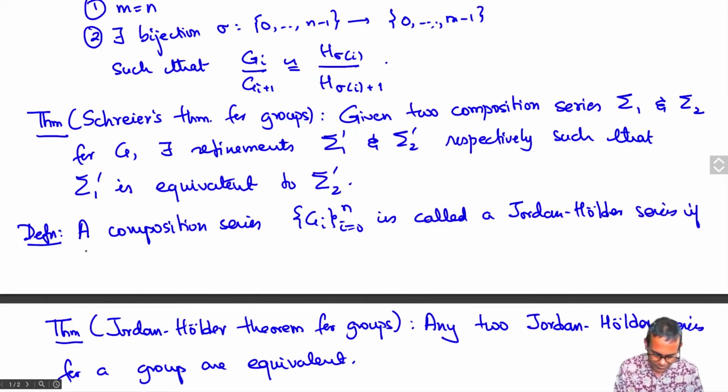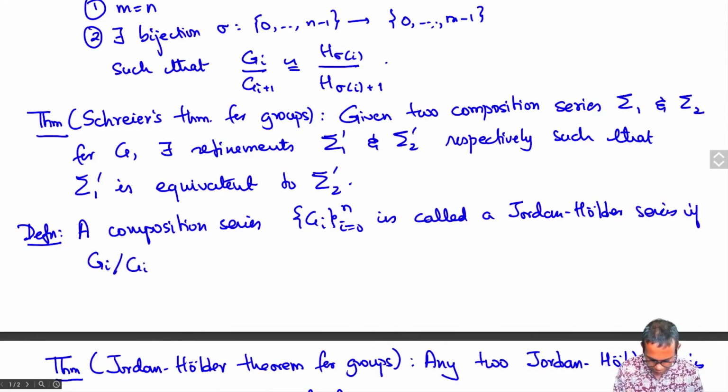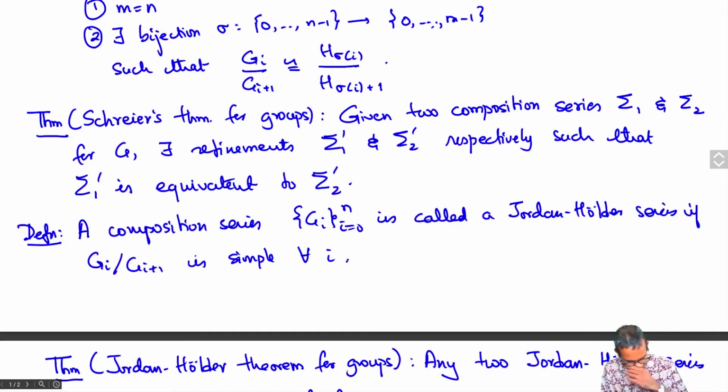But maybe I'll just state it in another way. If G_i mod G_{i+1} is simple for every i, and this implies that the G_i's are distinct.